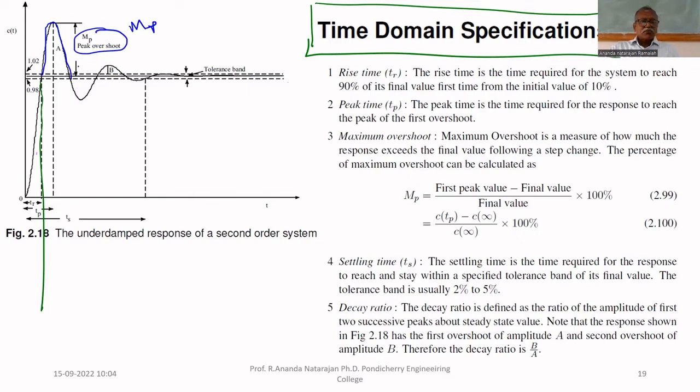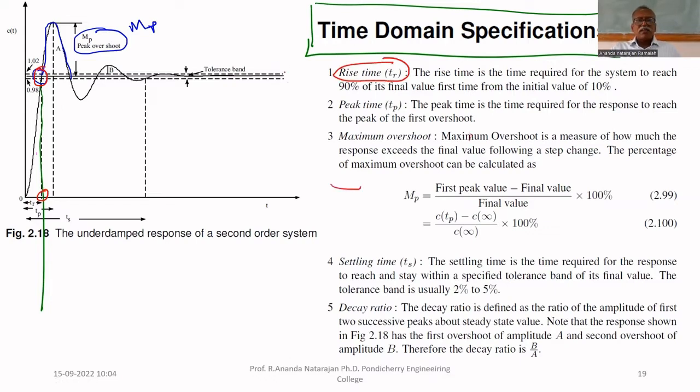The time taken to reach the final value for the first time is called Tr, the rise time. Here it reaches the final value for the first time.